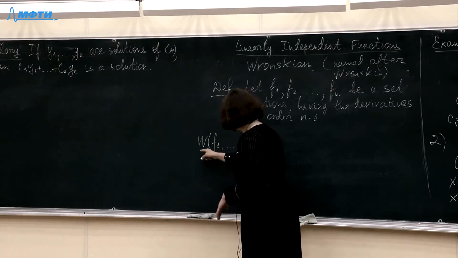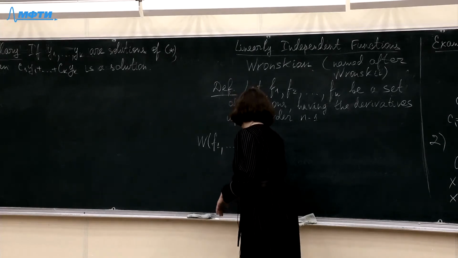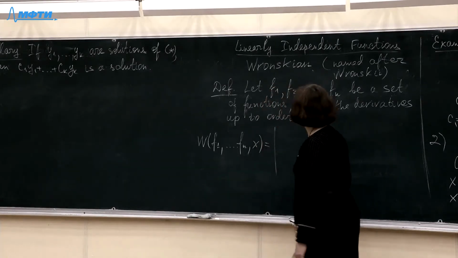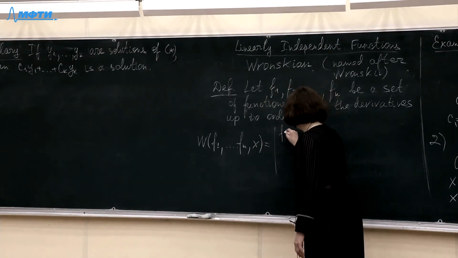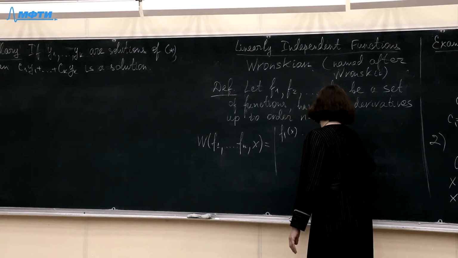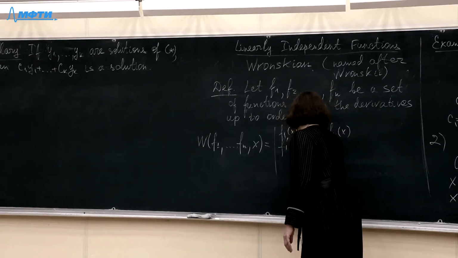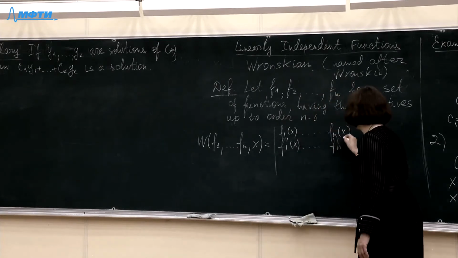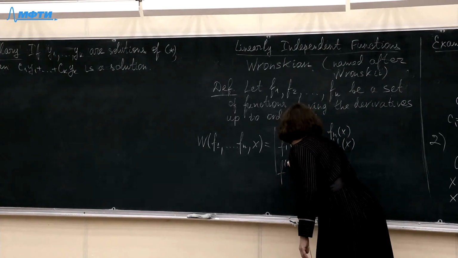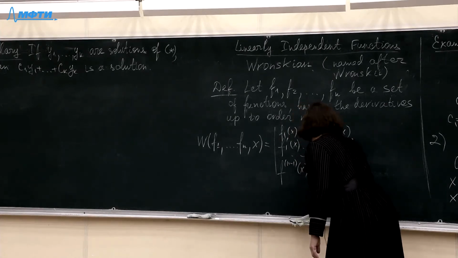It is denoted by W of f1 and so on, fn, and x, and it is equal to the following determinant: f1 of x, ..., fn of x, and then go the first derivatives of these functions, dot, dot, dot, and the last row will be the derivatives of order n minus 1 of these functions.